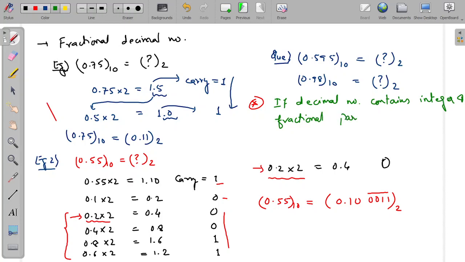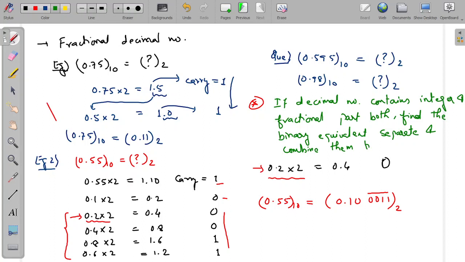Find or calculate the binary equivalents separately and combine them to get the complete number.